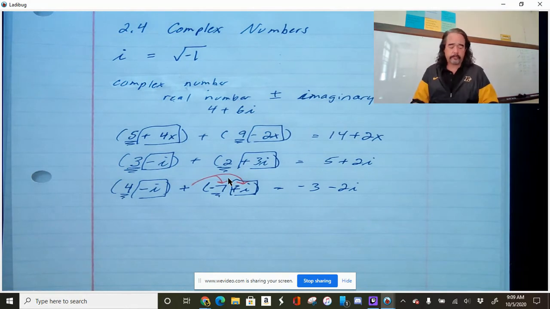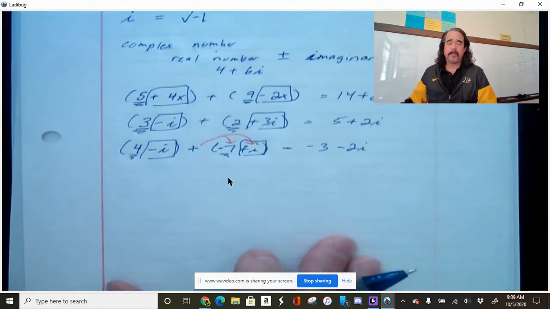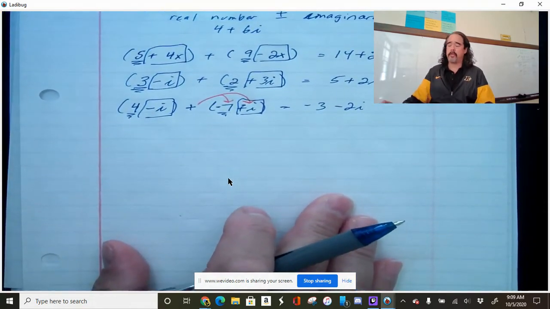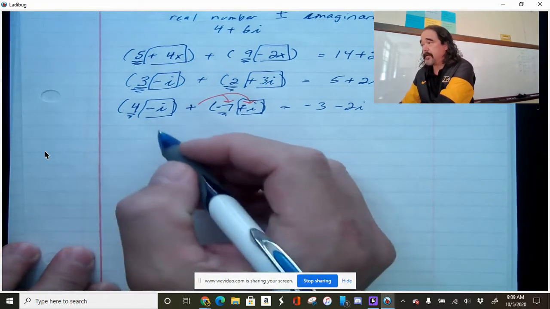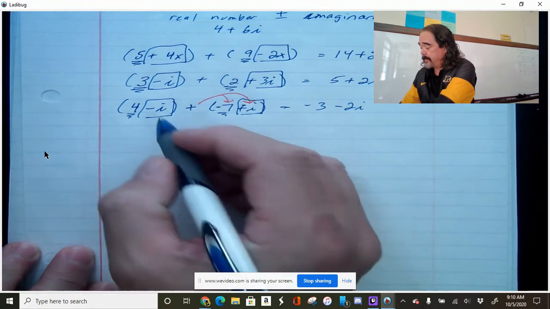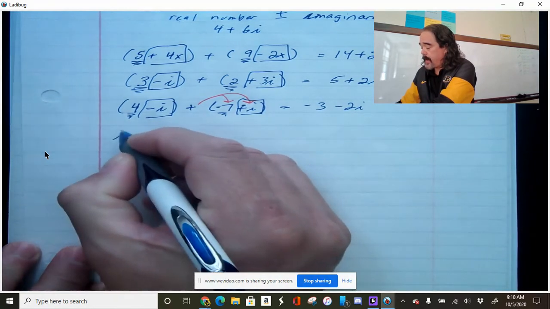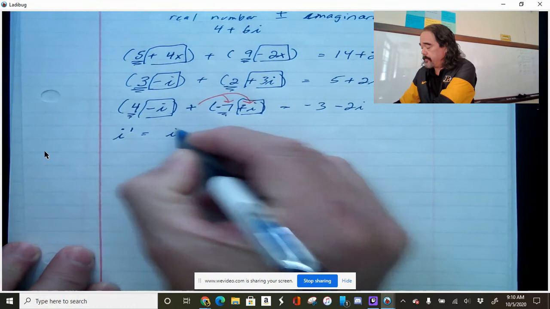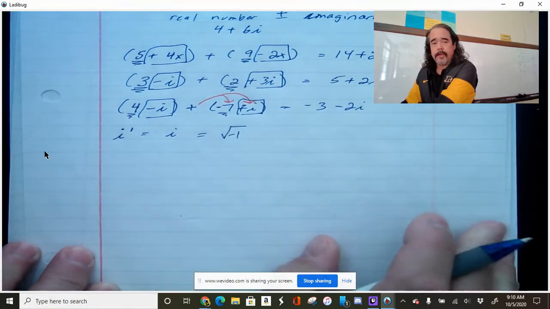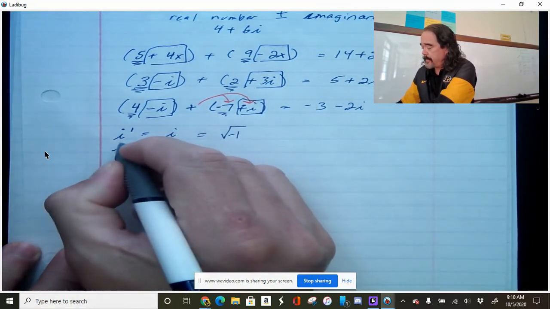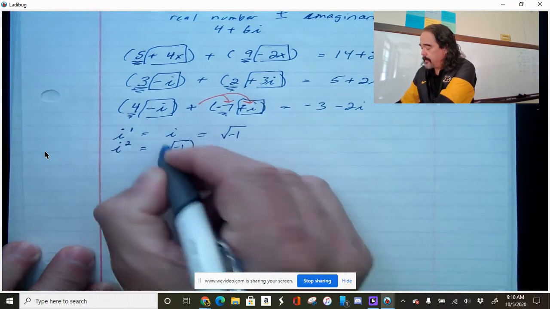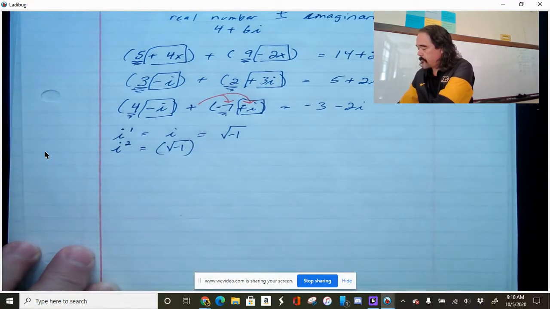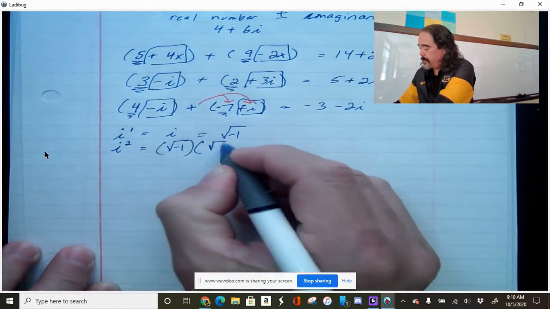When you're multiplying complex numbers, it gets a little bit complicated. So let's just go through some basics of i and its powers. So i to the first power is equal to i, which is also equal to the square root of -1. i squared, well, that's going to be the square root of -1 times the square root of -1.